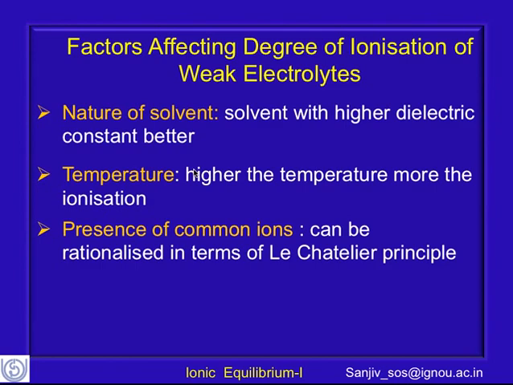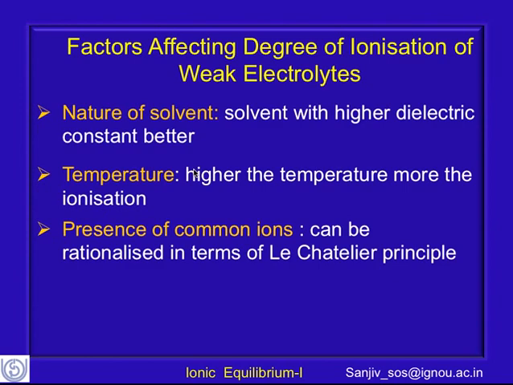The third factor happens to be the presence of common ions. I'm sure you learned about equilibrium in school, and we know about the Le Chatelier principle. The effect of common ions on the extent of ionization of a weak electrolyte can be rationalized in terms of Le Chatelier's principle. Suppose a weak electrolyte ionizes to give ions. If you put in a common ion, take the example of acetic acid itself, it ionizes to give hydrogen ions and acetate ions.